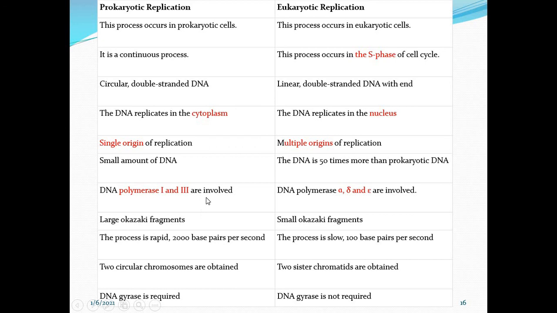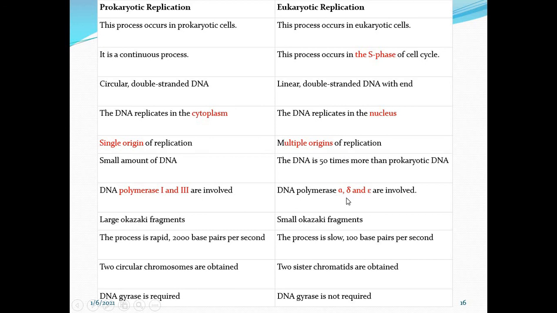And then there is the difference between the enzymes. In prokaryotes, DNA polymerase 1 and DNA polymerase 3 are involved. However, in the replication of eukaryotes, DNA polymerase alpha, eta and delta are involved. However, ligases are enzymes that are involved in the replication of both.